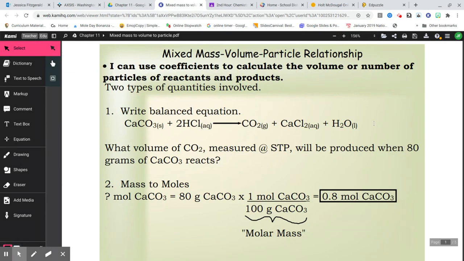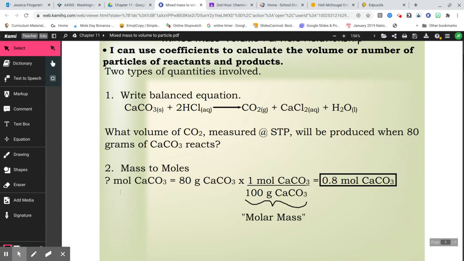So if we look back at our notes, what are we trying to find and what are our givens? We're given 80 grams. That's going to be your A on the double mole diagram, substance A. And what we're trying to find would be our volume or liters of CO2. That would be our B on the double mole diagram. So we start with what we're trying to find equals what we're given. So we're given 80 grams of calcium carbonate.